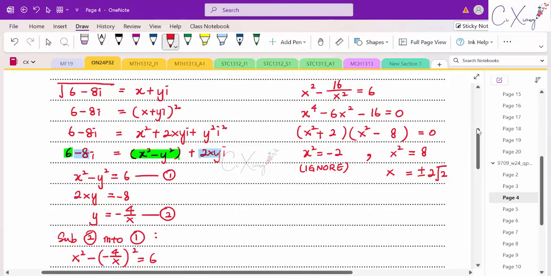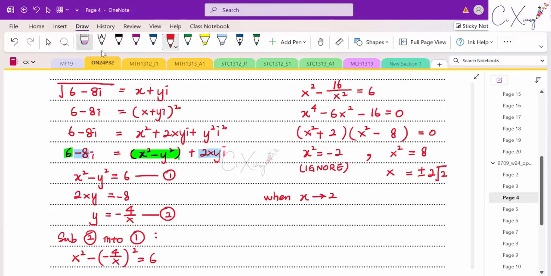Alright, and next, once you get x, try to get the value of y. So when x equals 2 root 2, what do you get for y?